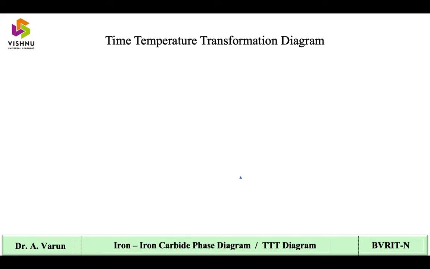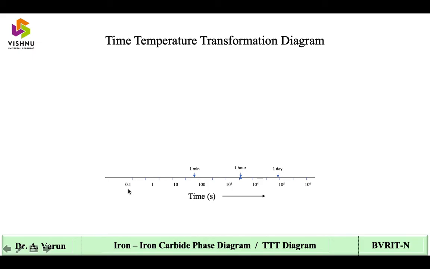Okay, so coming to the time temperature transformation diagram, how are we supposed to draw it? It plots time in seconds, and you can see it is plotted from 0.1 seconds to 10 power 5 seconds, which we consider as 1 day.